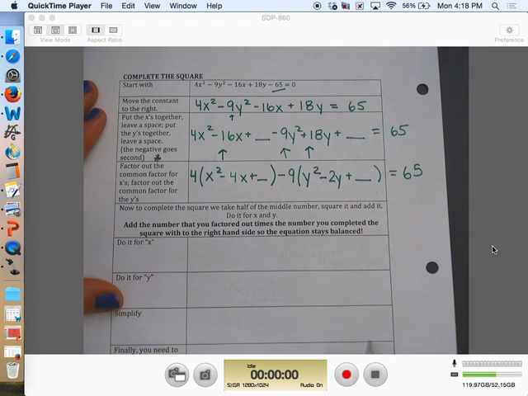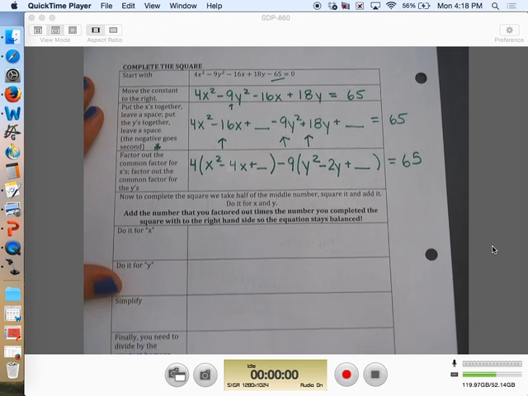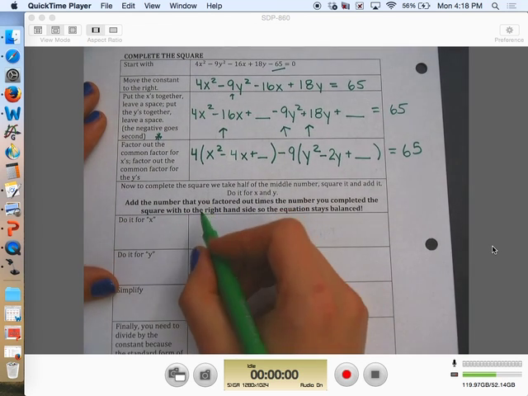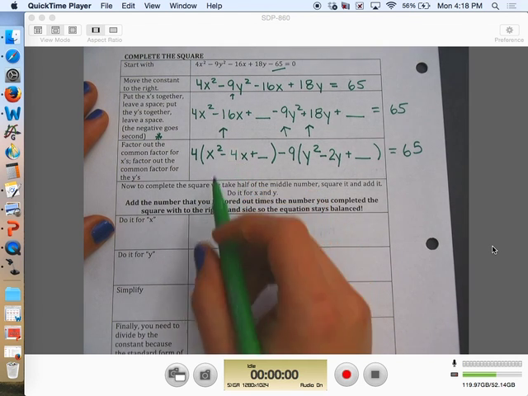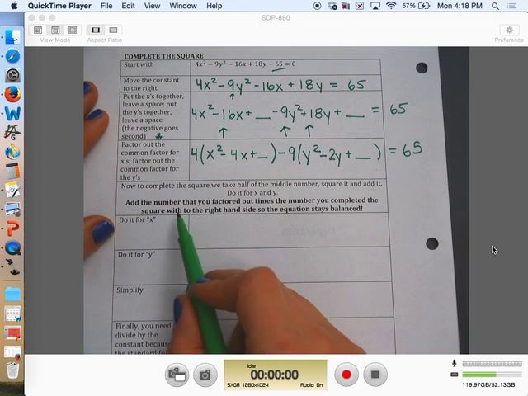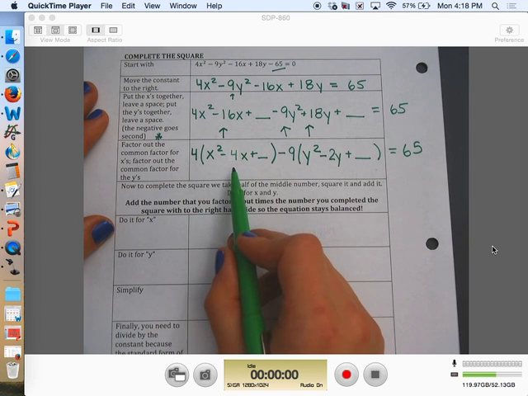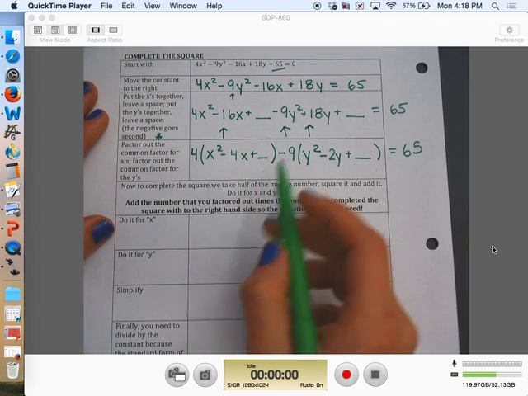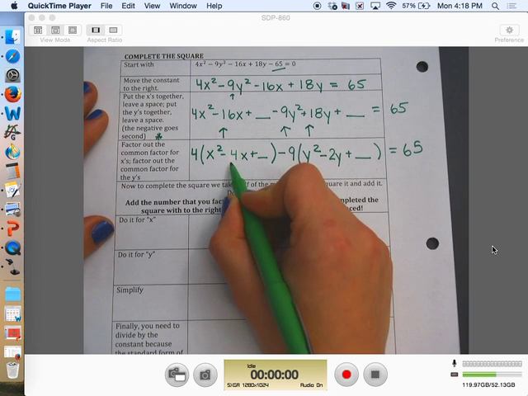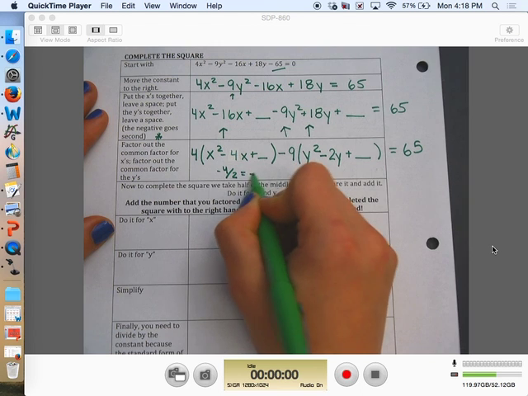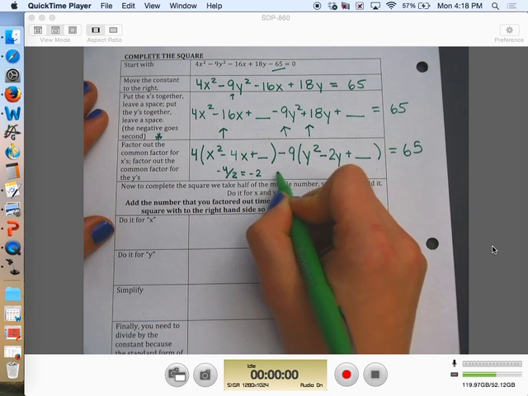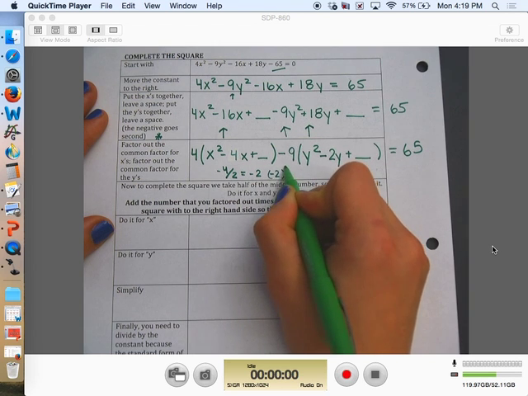Now we are ready to complete the square. First, I will complete the square for my x's. Take half of my middle number, square it, and add it. -4 divided by 2 is equal to -2, and -2 squared is equal to 4.